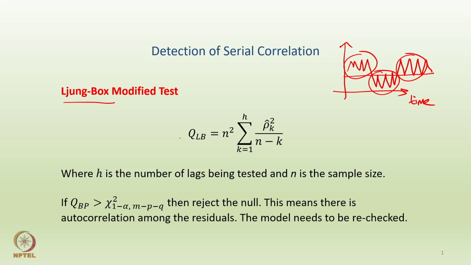Here you have this slightly complicated looking test statistic, but nevertheless it's called Q_LB, where LB stands for Ljung and Box. What exactly is this test statistic dependent on? You have n squared and then a summation of all the squared estimated correlation terms, because you have rho hat squared, depending on how many lags you are taking, divided by n minus k.